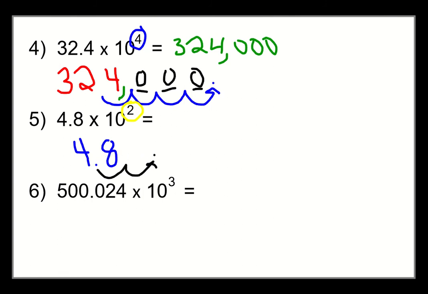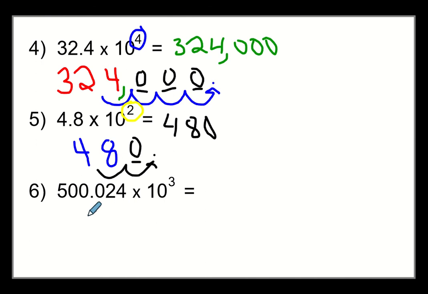But again, I must remember, and I have students periodically who sometimes forget that, hey, I need to plug in a 0 here for a place value holder. Because if I don't, I end up with just 48. And 48 is much different than 480. So 4 and 8 tenths times 10 to the second power equals 480. And I don't have to write my decimal, but my decimal is there even if it's in hiding.